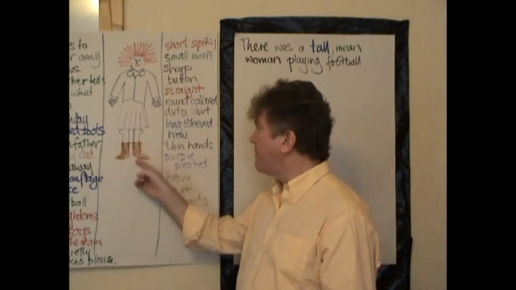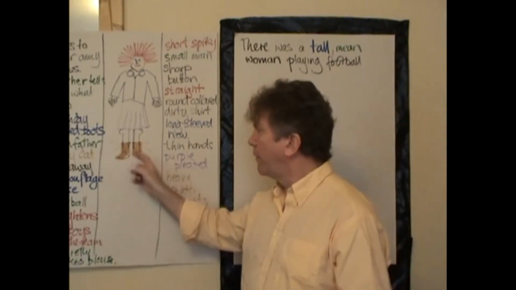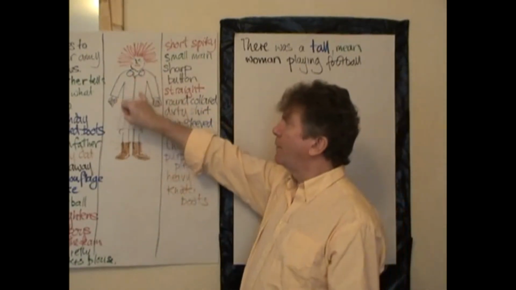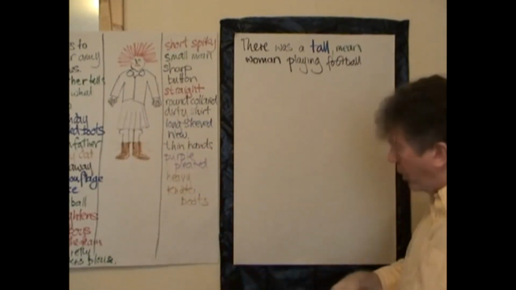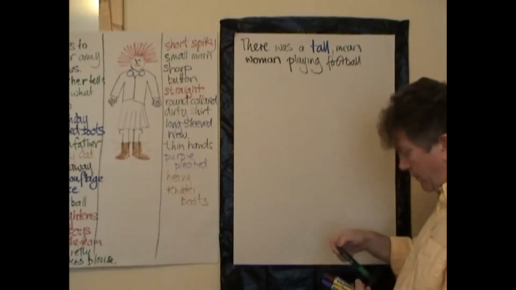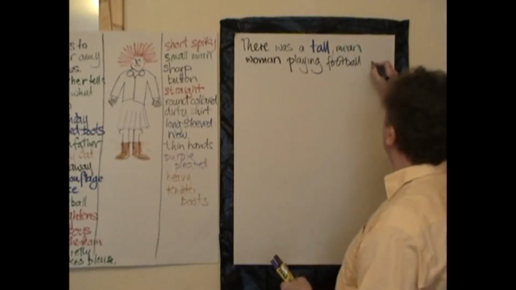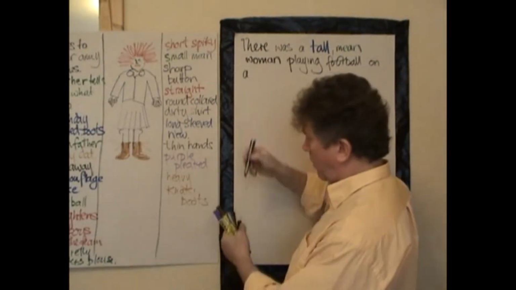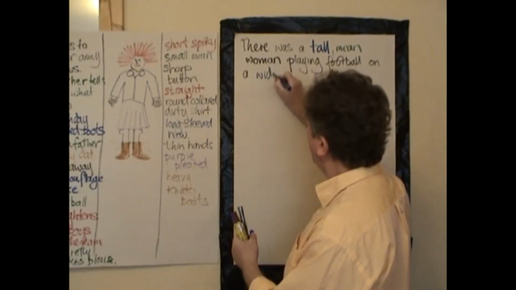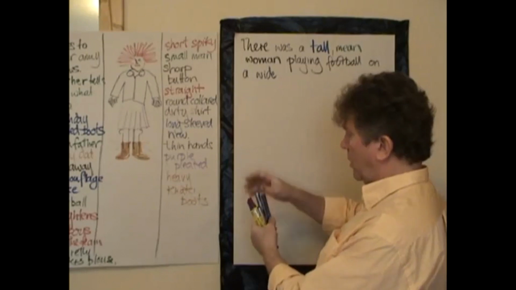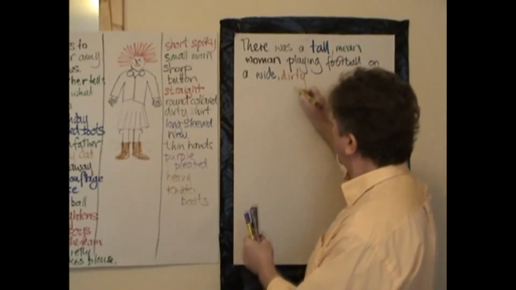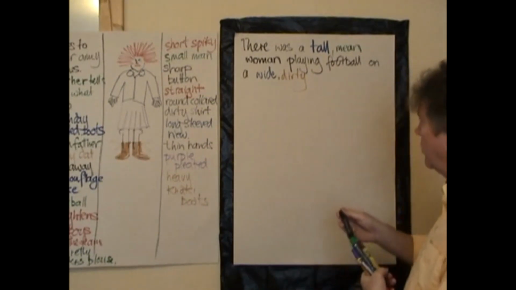What kind of a field? Look at the boots. They're heavy. Perhaps she got those from her father. Perhaps it could be that she's just got some camouflage cake inside of it. So what? There was a tall, mean woman playing football on, let's have a little look, on a, well, let's put it in blue, on a wide, and I think I'm going to say dirty pitch.